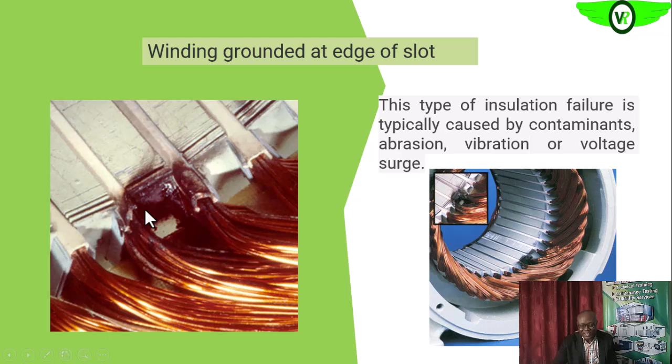When you see it at such a point, you know that there is already a ground fault at that particular position. It could also be caused by poor workmanship, as we explained earlier, because if the placement of the insulating paper is not properly done, and it is too short at the edge, the possibility of the winding coming into contact with the edge during operation is very high.